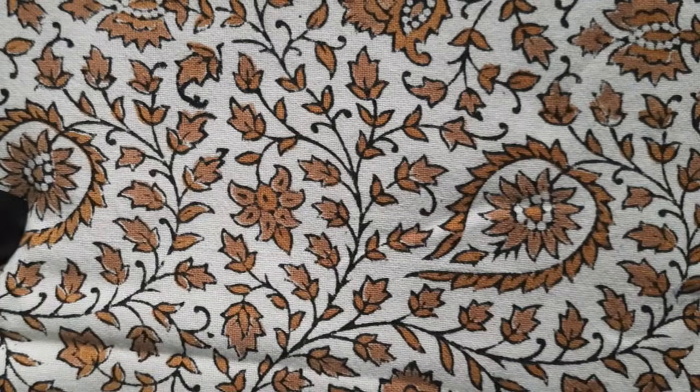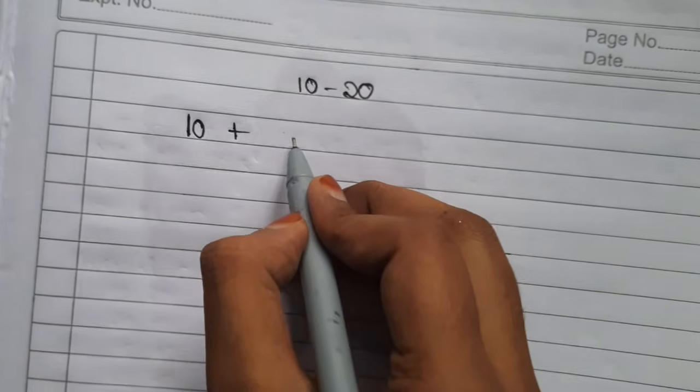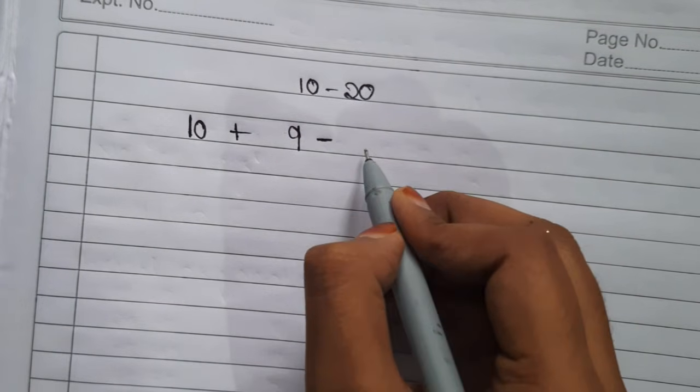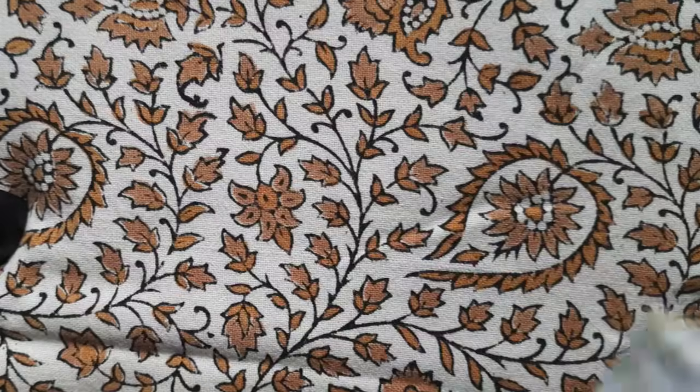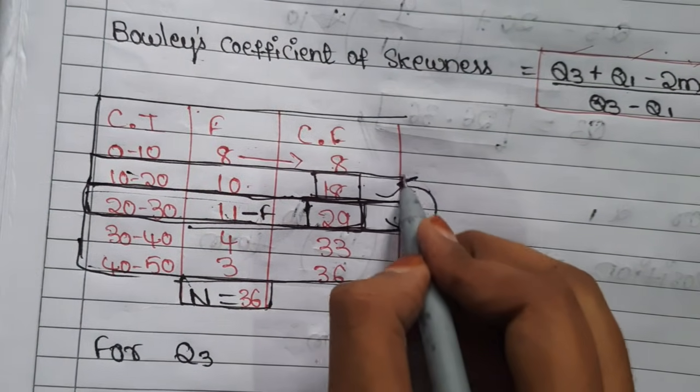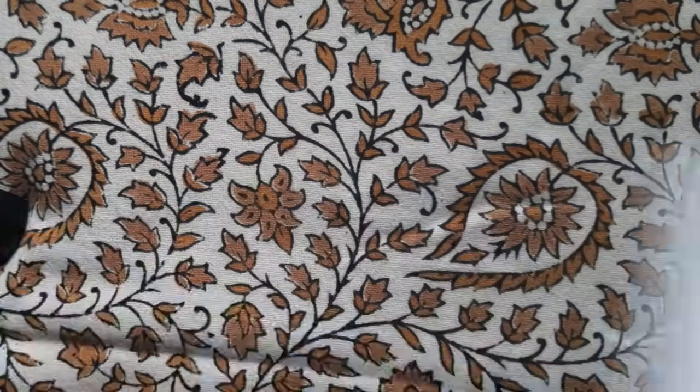So we will be taking 9 here. 9 minus cumulative frequency. As I said, in the cumulative frequency we are not going to take this one, we are going to take the above one, 8. So we will be taking cumulative frequency as 8.